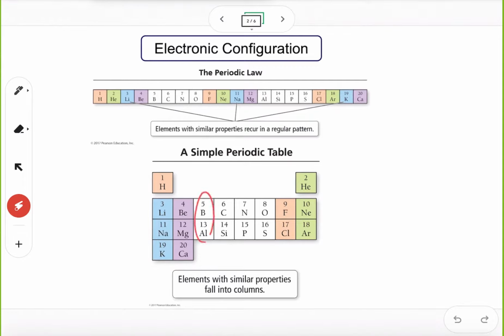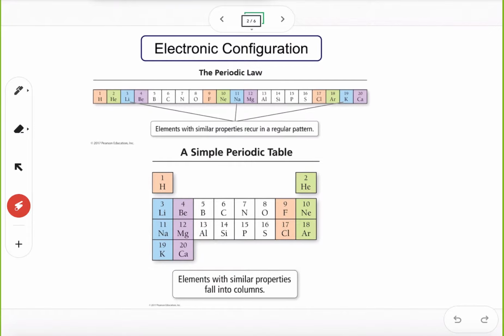Same thing here: boron, aluminum, carbon, silicon, and so on. Neon, argon, helium. So if we can organize these elements based on their chemical properties, we can have a better structure of those elements through the whole periodic table, right?